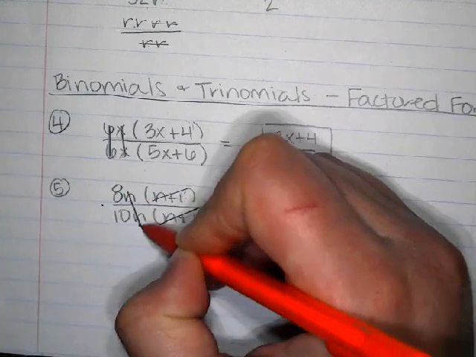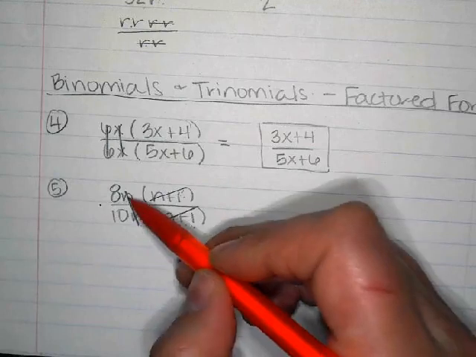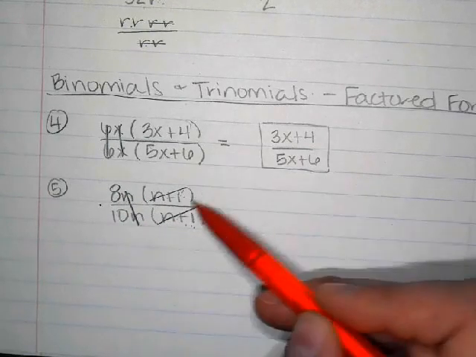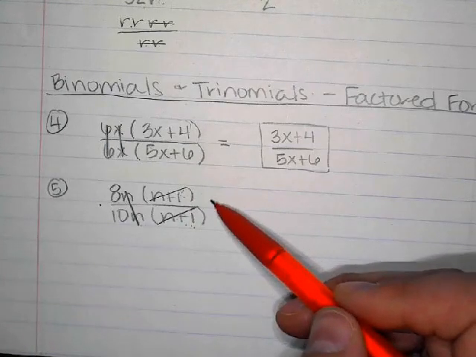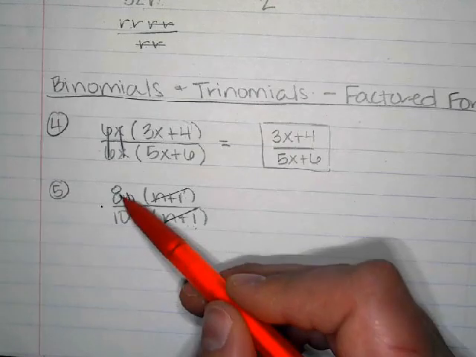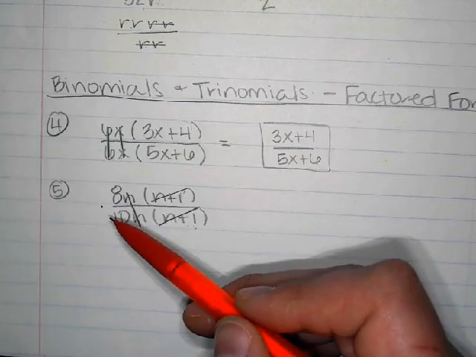So whenever we deal with this, we can look at the GCFs, and we can cancel within the GCFs, and then we can look at the parentheses, and we can cancel parentheses as long as they're the same. Those are kind of like the rules. Over here, we have a GCF of 8 and a GCF of 10, and they're not going to cancel because 8 and 10 are not the same number, but they can reduce.